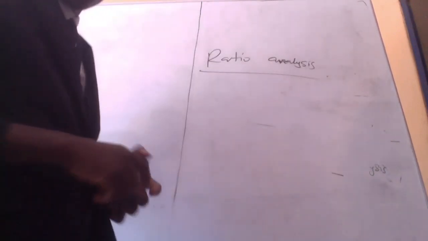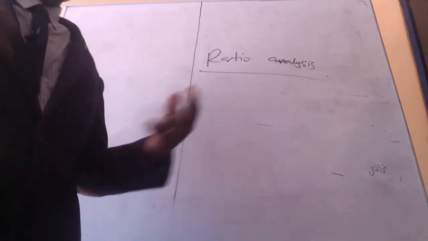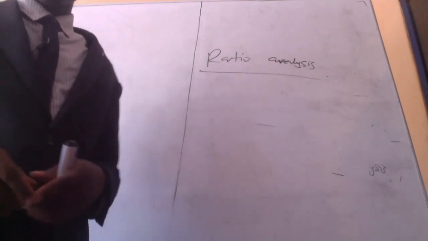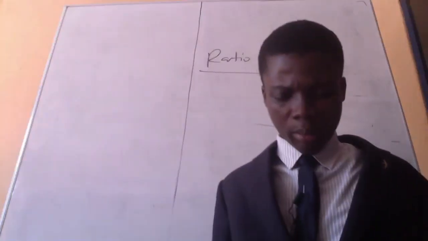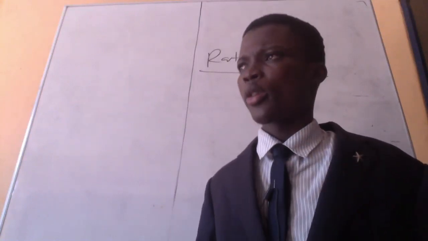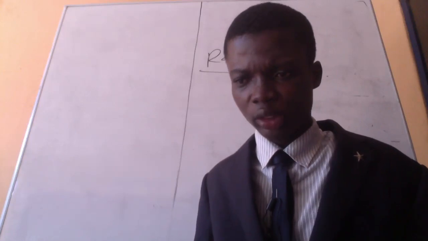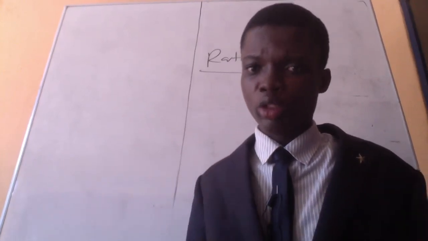Now, when you talk about ratio analysis, what is the meaning and how do you use it to provide meaning to the financial statement prepared? Basically, we are dividing number by number in the financial statement prepared. Good. So that is it. There are so many of them.